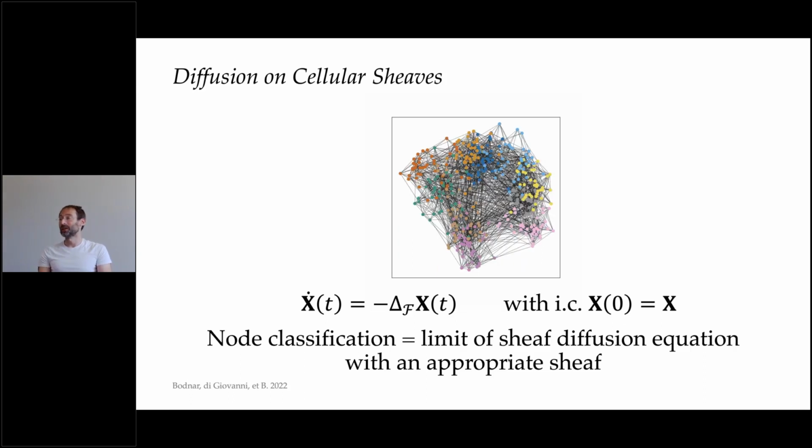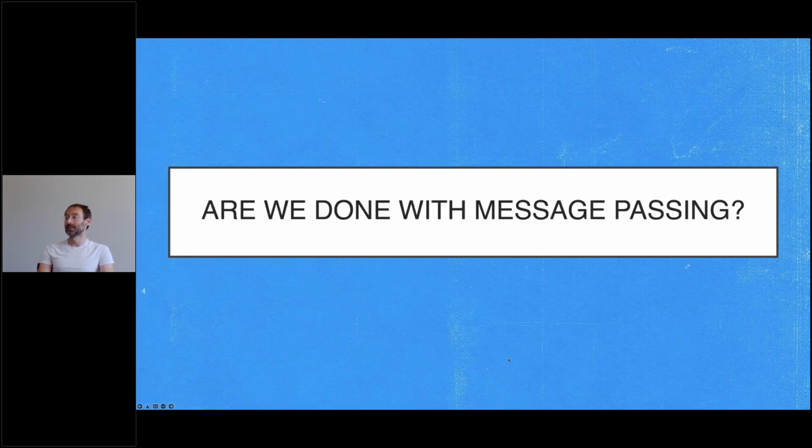The last thing that I would like to ask, maybe a more provocative question, is: are we done at this point with message passing? Message passing as a computational paradigm has been around more or less since the birth of digital computers, and graph neural networks conveniently use message passing as a computational paradigm.